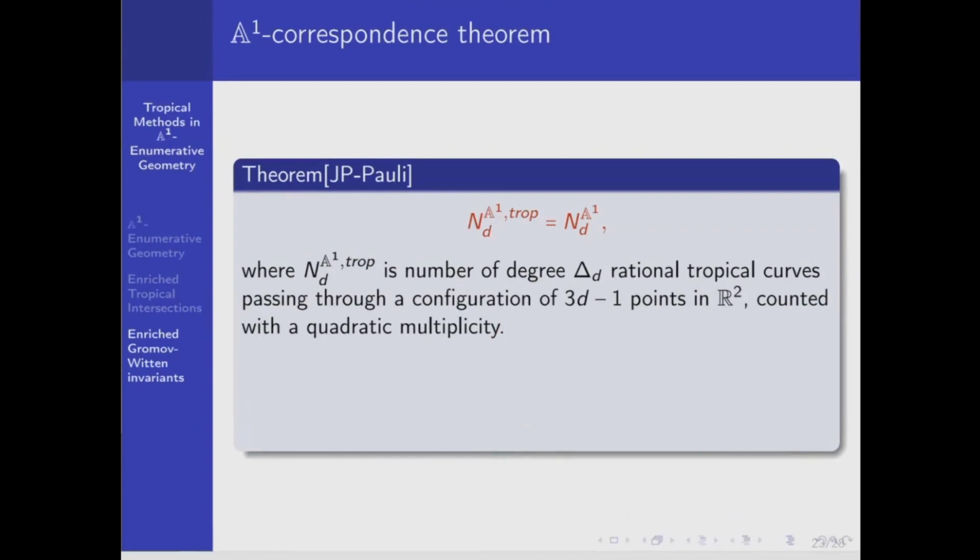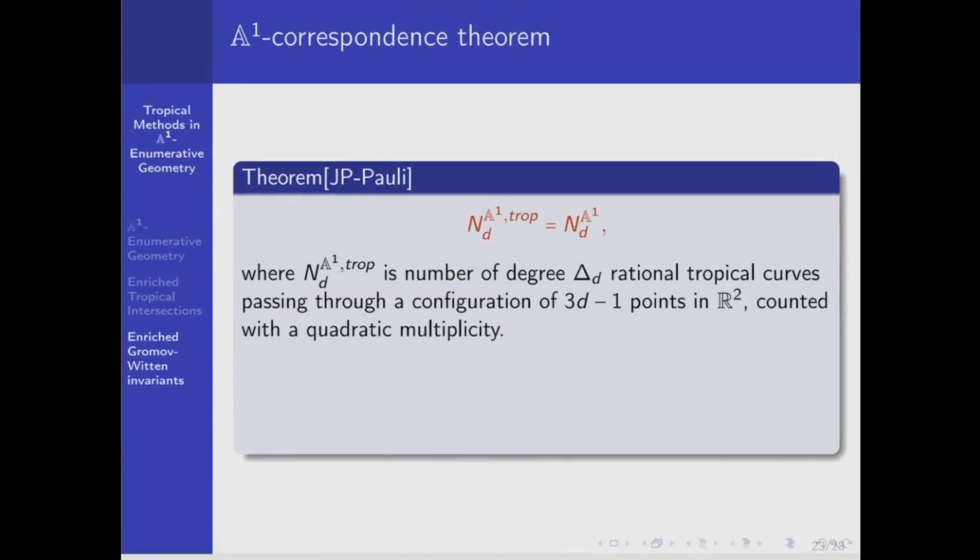Okay, and then what we prove together with Sabrina is that this A1 Gromov-Witten invariant can also be computed through this correspondence theorem. Of course, the correspondence theorem has to be adapted.